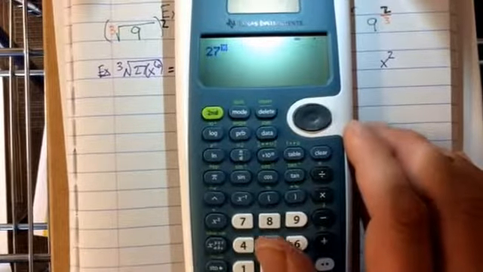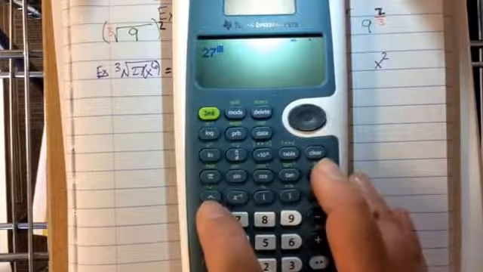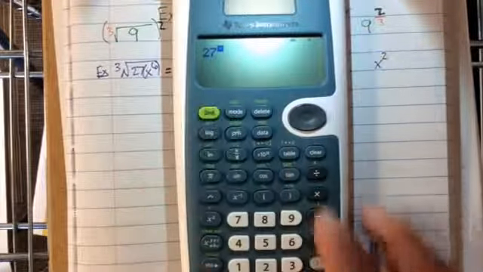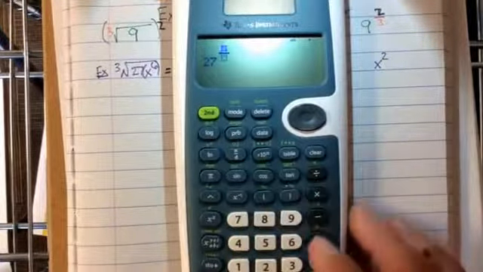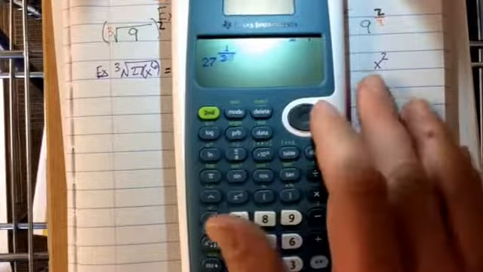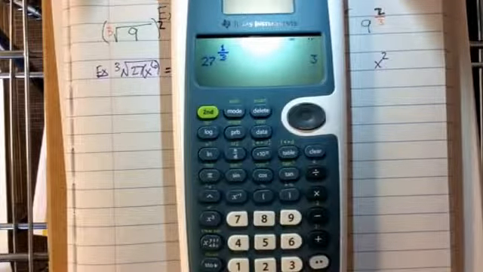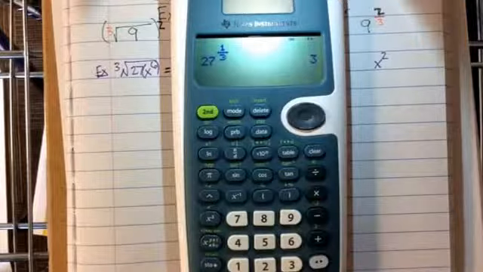We type 27 in, and then we press the caret button, or this up arrow, and that gives us our exponent, and then we can push ND, and right now our exponent is 1/3. So 27 to the 1/3 power, as Parker said, is 3.